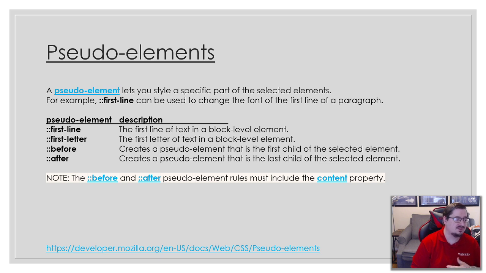So the content property says what character or characters you want to actually put where that pseudo element is going to go. If you don't set the content property, then the before or after don't exist. Because what you're doing is saying, here's the content I want to be there, and then the rest of the properties are styling that content. So for instance, if you wanted to put double quotes around a paragraph of text, for the before, the content would be the beginning quote, and the after would be the ending quote.